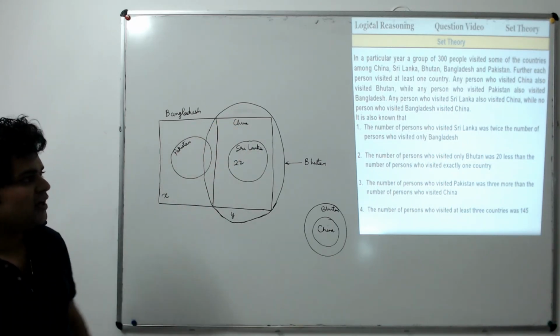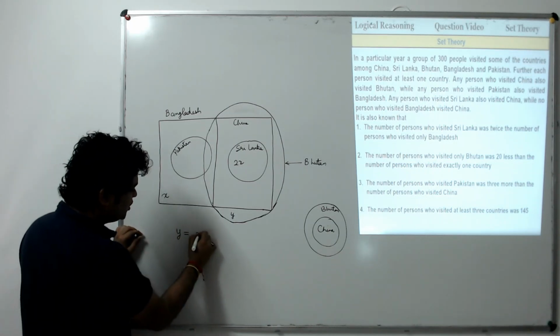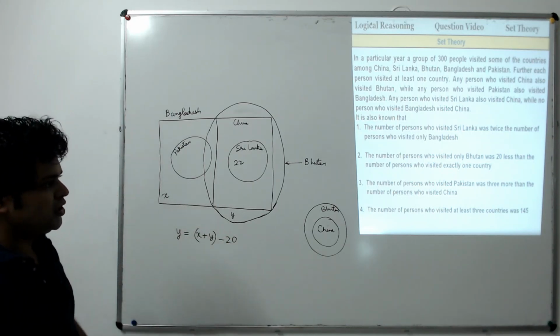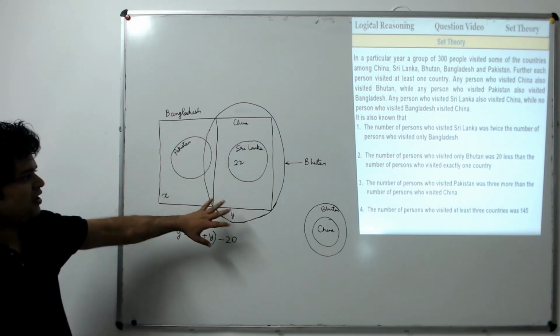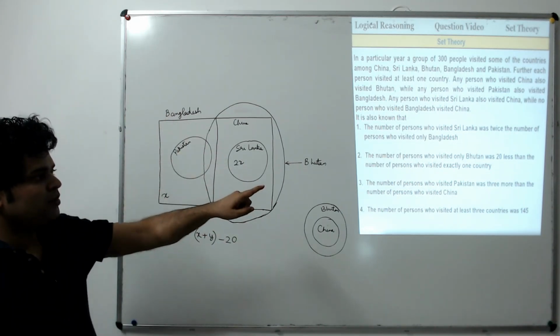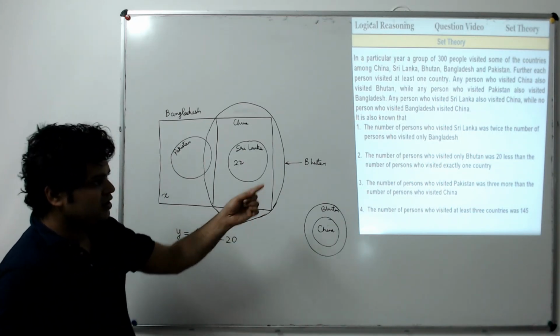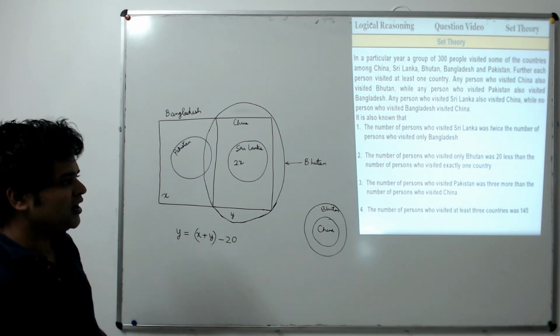So from the second clue, we can say that Y equals X plus Y minus 20. Can I say this thing? This was the most important clue as far as I am concerned after creating this diagram. The number of persons who visited only Bhutan, so only Bhutan is Y, was 20 less than the number of persons who visited exactly one country.